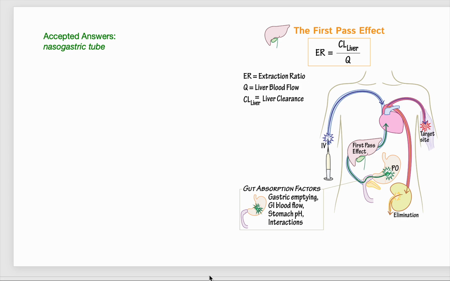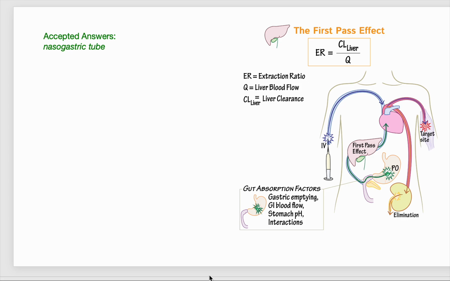So once a drug is taken orally or by nasogastric tube, obviously, it goes through various different lumens of the gastrointestinal tract and the wall of it, and then the portal vein, hepatic system. It goes through the liver where the major metabolism takes place, and it gets broken into various smaller parts. That's called first pass effect.